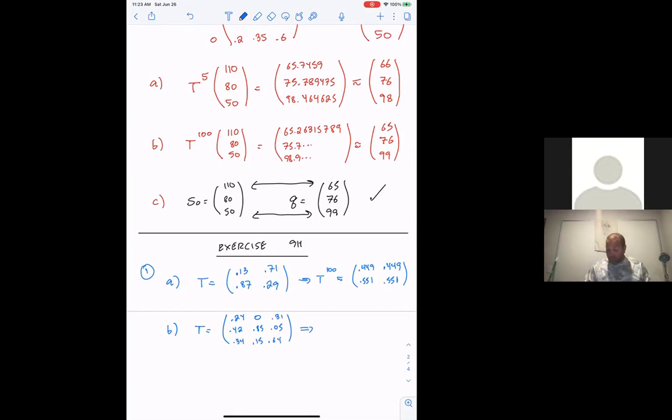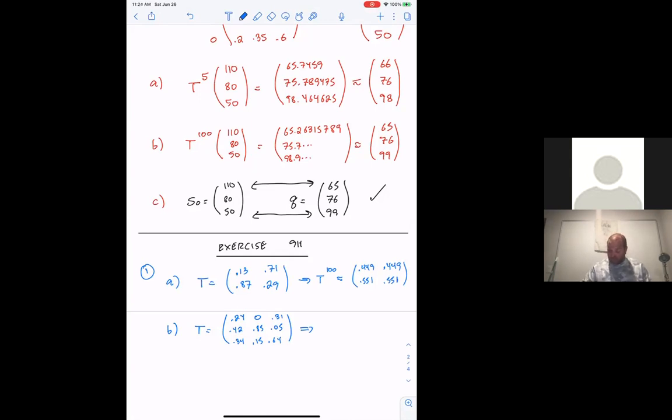Notice that there's a 0, but that doesn't mean it's not regular, because just because T to the 1 has a 0 does not mean that T squared is not going to have a 0.